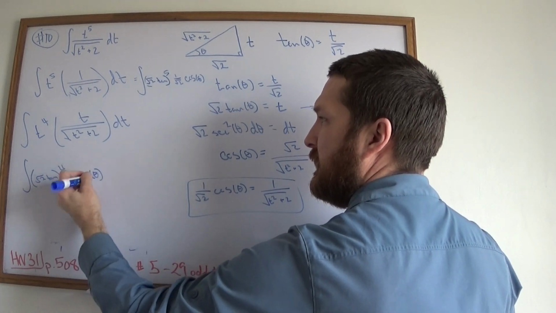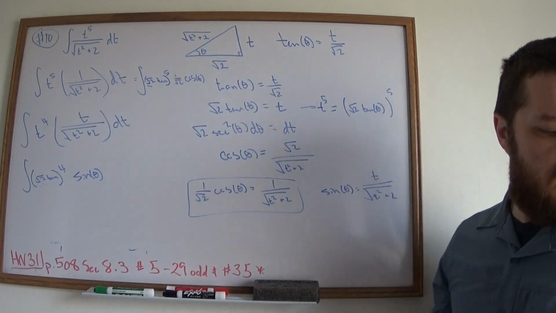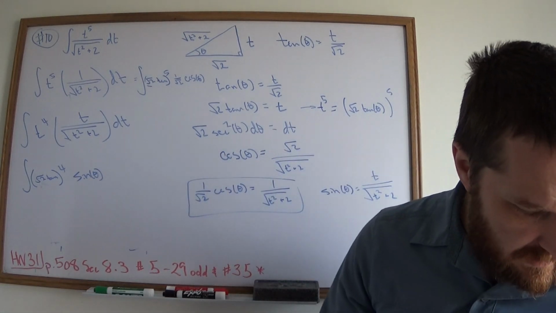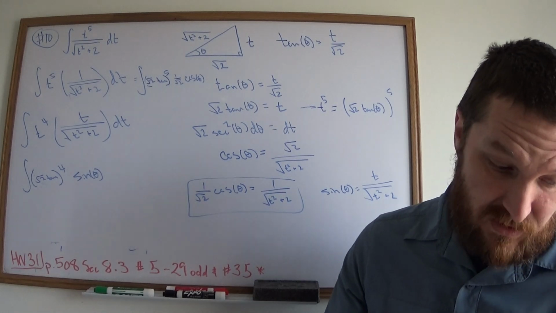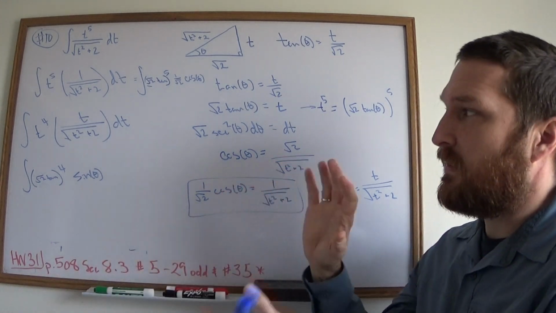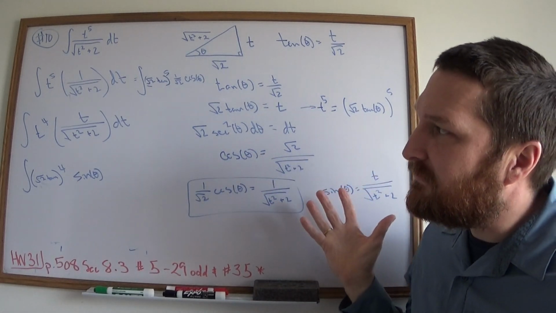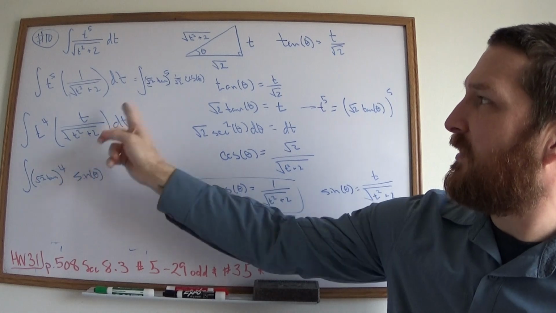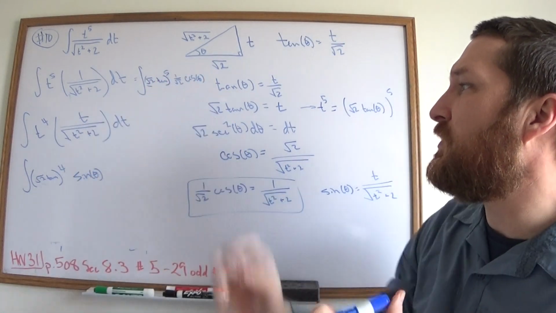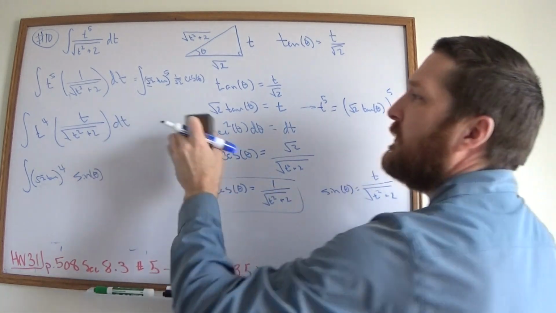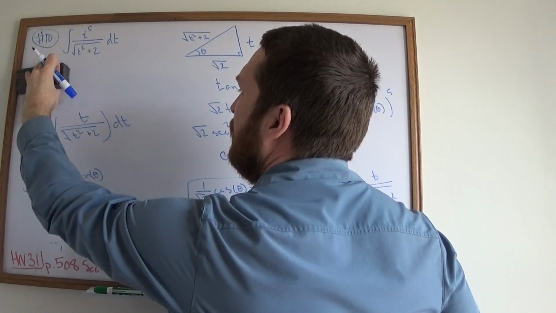There's my sine theta. dt is that stuff, and I plug it in. You could go either way, and either way is going to get you ultimately to the same place. One looks a little nicer than the other. I kind of like this because I don't have that weird root 2 in there. But we could just continue on here. I'm going to do it this way.